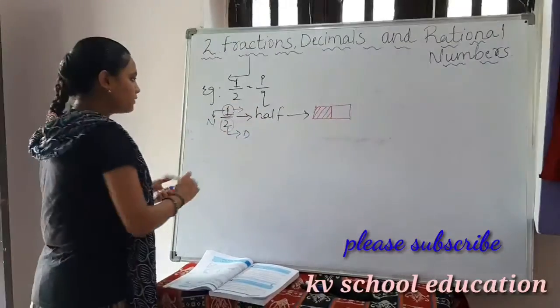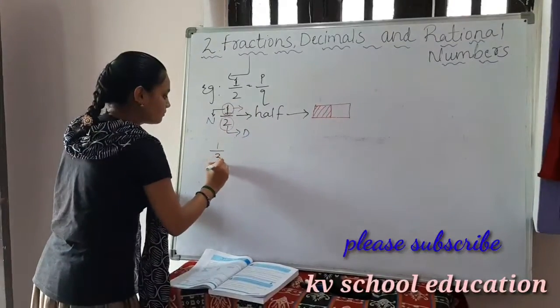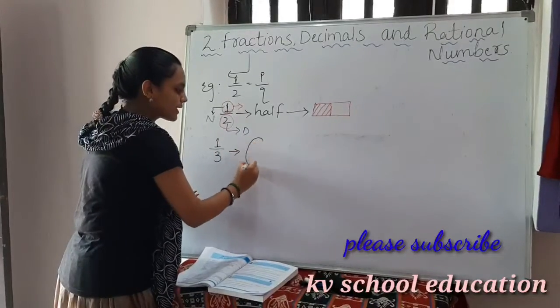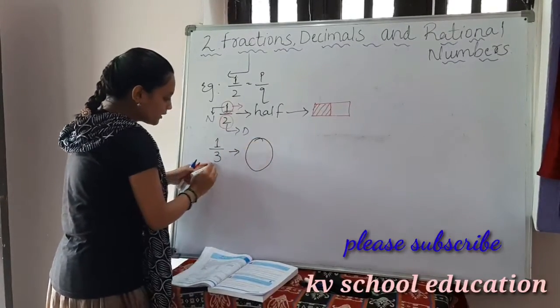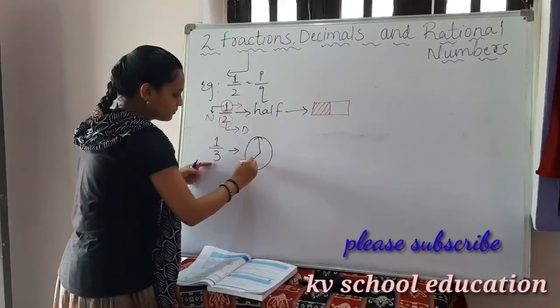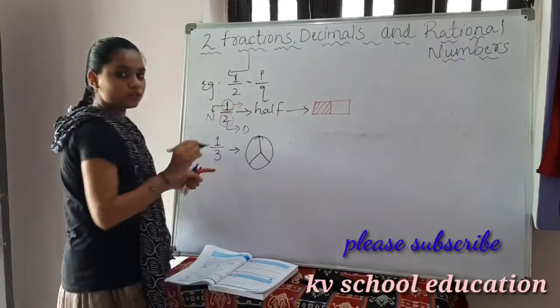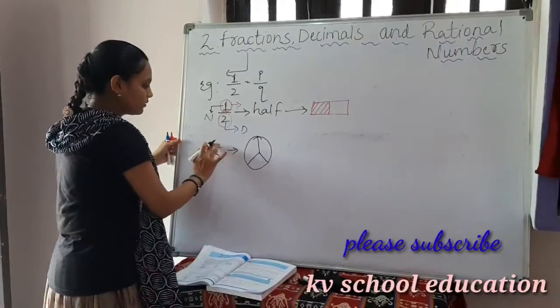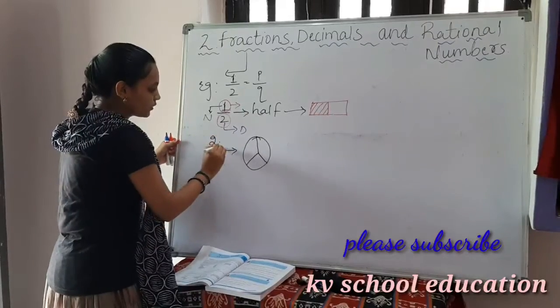One more example we'll take: 1 by 3. So we'll take a circle. Here the denominator is 3, so we should take 3 equal parts. Now the numerator will change. Okay, we'll take 2 by 3.